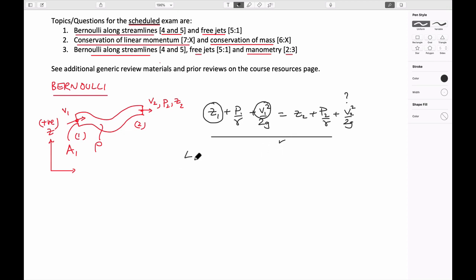If we only have 4 known values, we have to constrain it some other way, and that constraint is usually conservation of mass, which is just that the upstream area, its velocity and density is equal to the downstream area, its velocity and density. These have to be the same, so these cross out. And conservation of mass allows you to solve when you only have 4 known values, because you're really constraining it in an extra separate way.